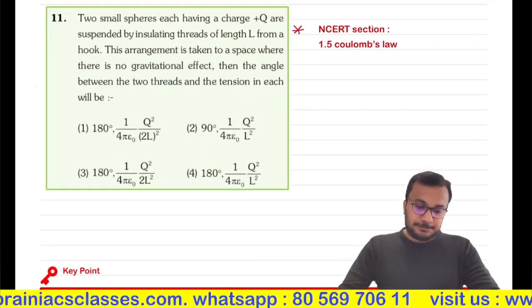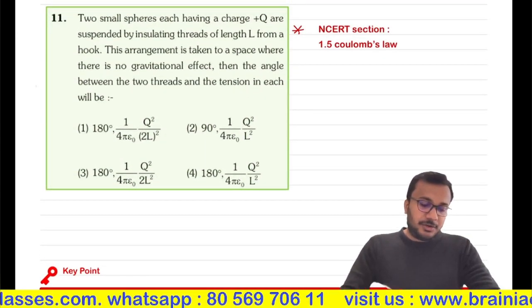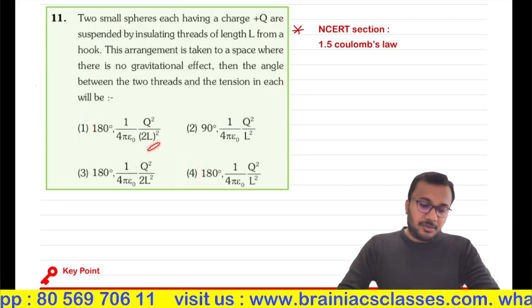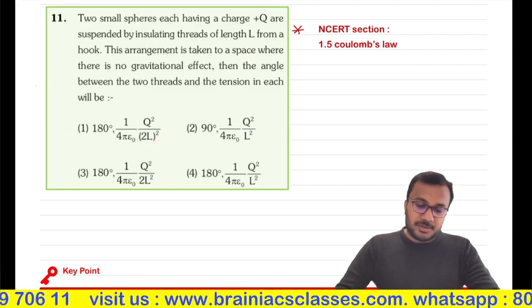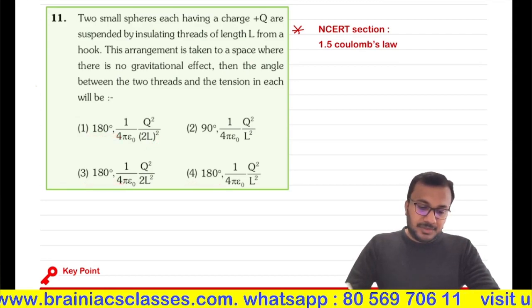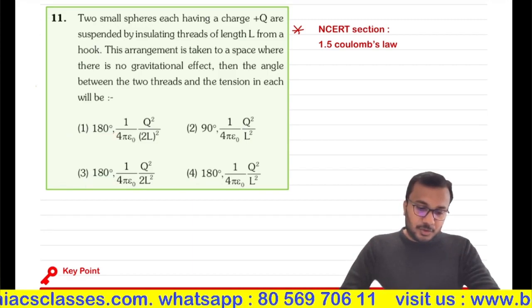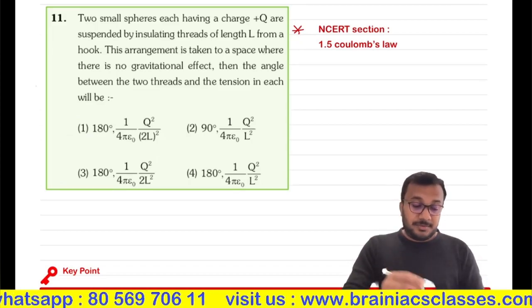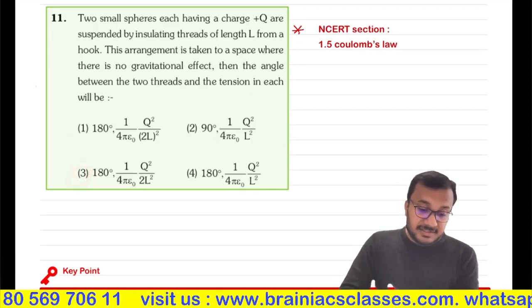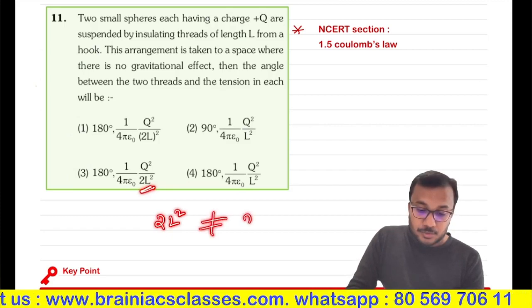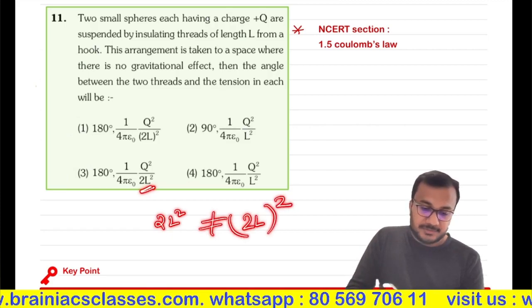Let's look into the options. Which option is matching? We already told that it is either option number 1 or option number 4, but in option number 1 only 2L square will be here, and in option number 4 it is L square. The angle we already know is 180 in all of them. So 1 by 4 pi epsilon 0, and here you have to be very careful about option number 3, where it is given 2L square. 2L square is not equal to 2L the whole square.